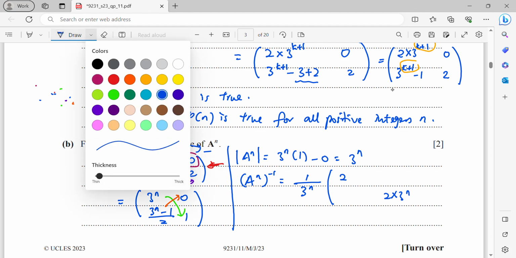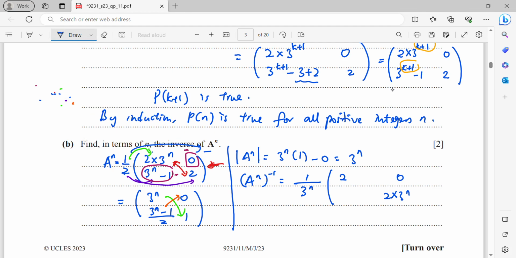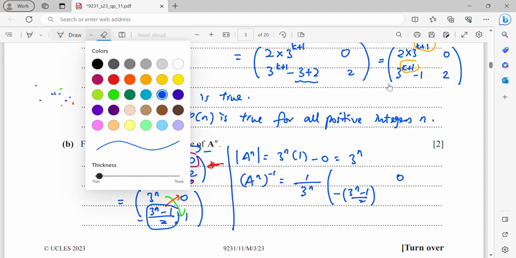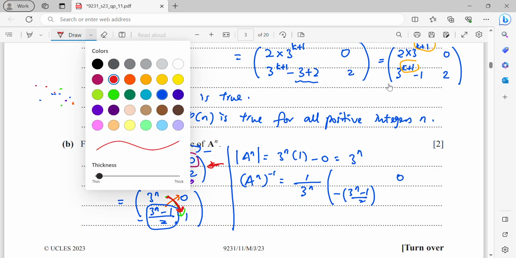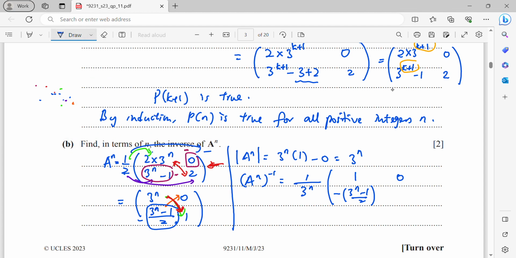So I will get 0, and negative of 3 power n minus 1 over 2. I shouldn't refer to the original, I should interchange these two, so I will get 1 and then 3 power n.